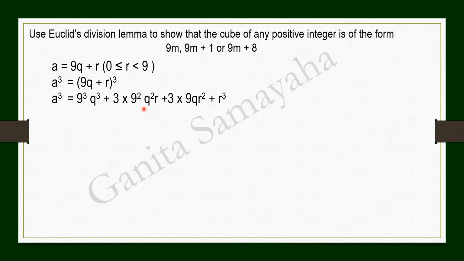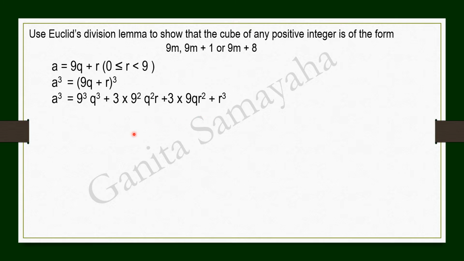So that will become 9 squared q squared into second term r, plus 3 into first term into square of second term, 3 into 9q into r squared, plus second term cube, r cube. Okay children, we have simply applied a plus b whole cube.